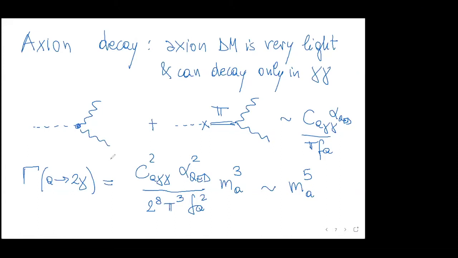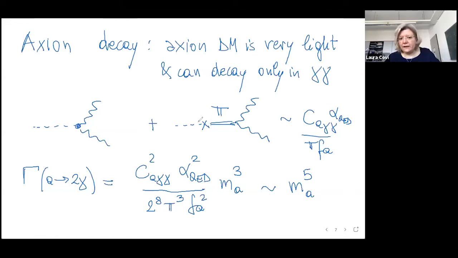So this factor would include the mass of the pion, for example? Yes, if you want, but the important scale is always Fa. And here you see it immediately because here you have the loop and the particle in the loop, if you want, gets a mass of order Fa. So if you compute this loop, you get a 1 over Fa.